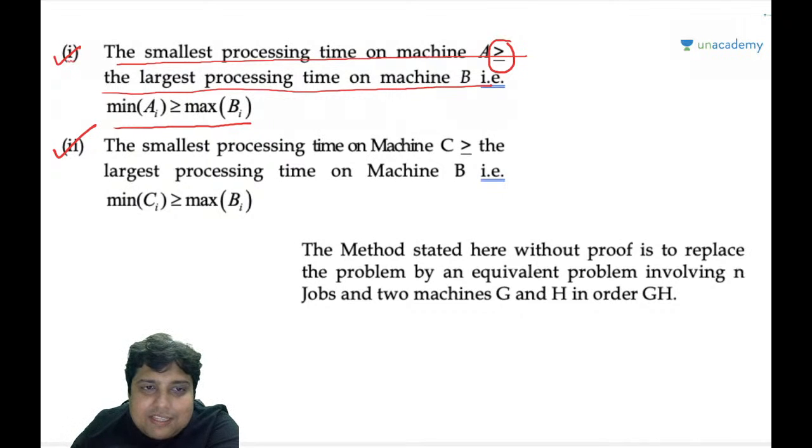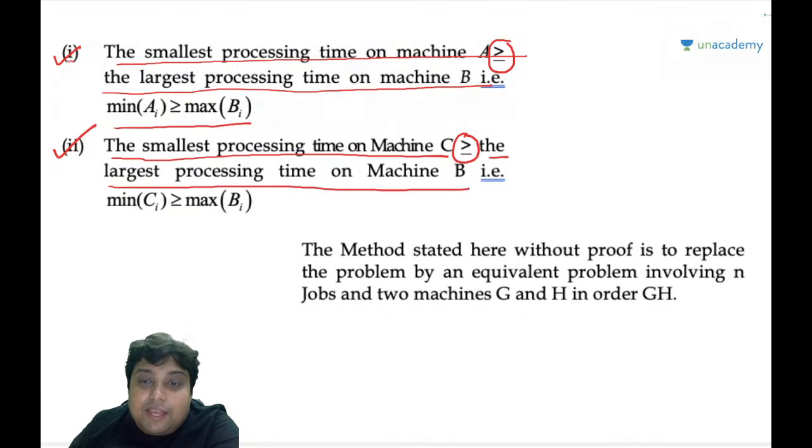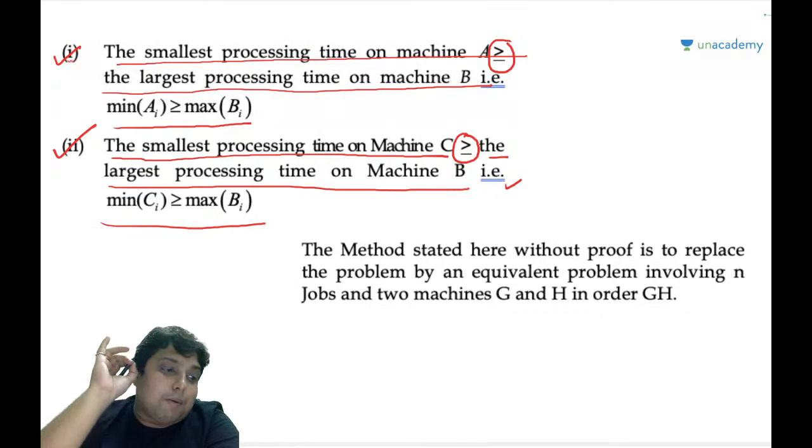Condition number two says the smallest processing time on machine C should be greater than or equal to the largest processing time on machine B. That is, minimum of C should be greater than or equal to maximum of B.